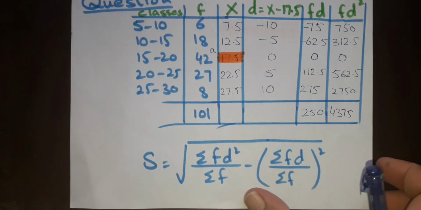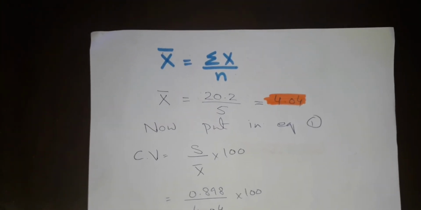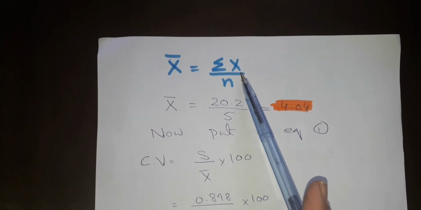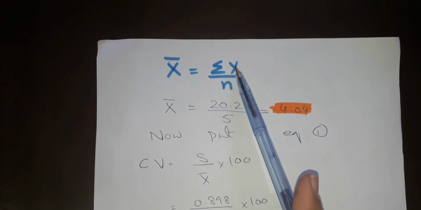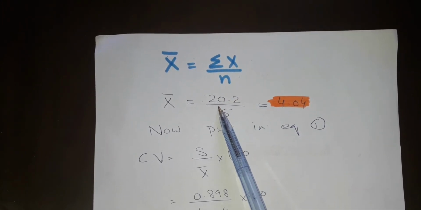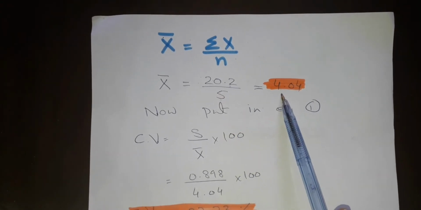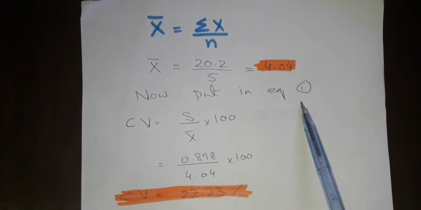Okay. Now on the next page, we get the result of X bar also. Summation X over N. Summation X is 20.2. 20.2 divided by 5 is equal to 4.04. Now put in equation 1.